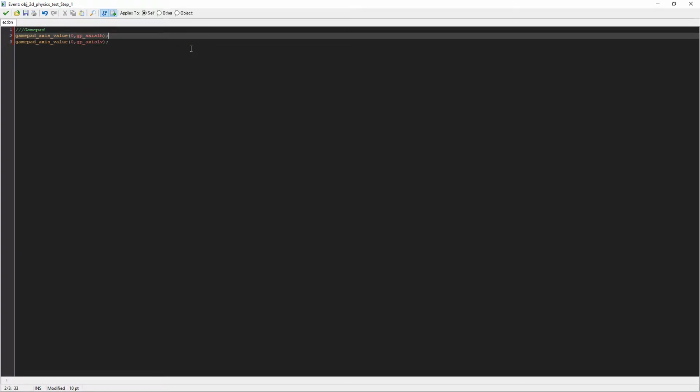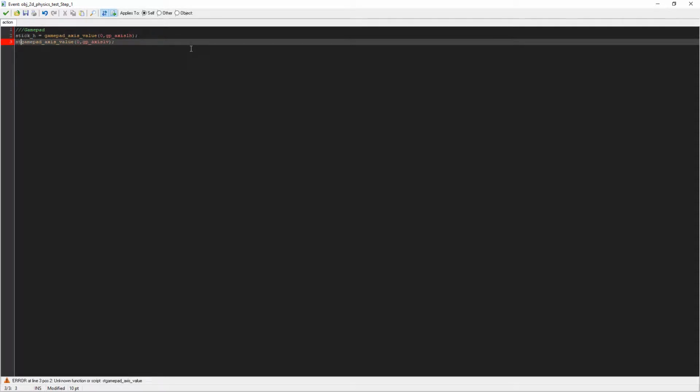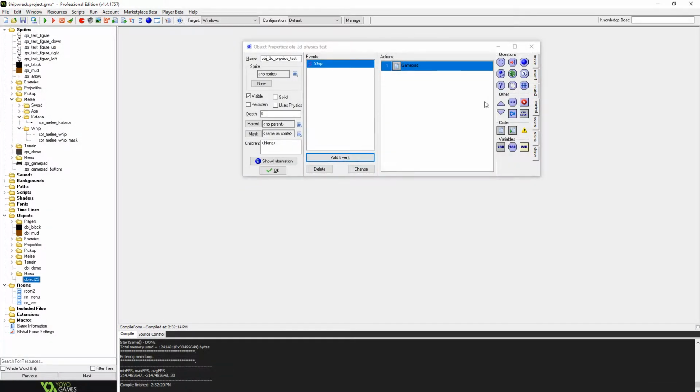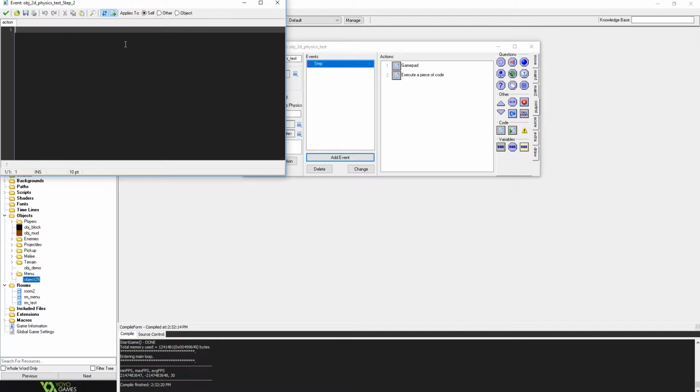Okay, so we'll call this stick H equals that, and then stick V equals that. Now let's do this, and we'll call this physics.